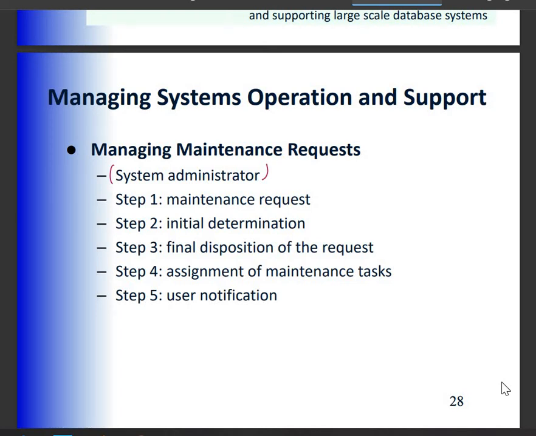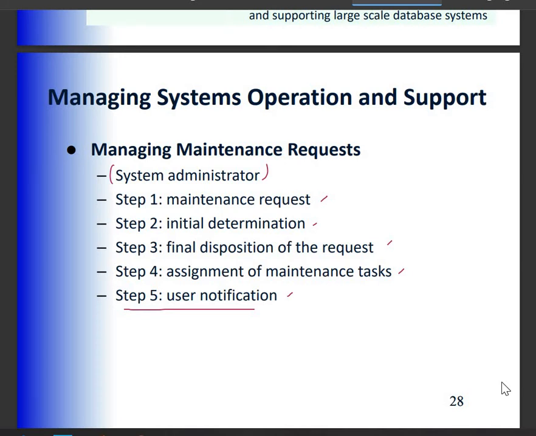Kan, start dengan the maintenance request, kemudian kita ada step yang kedua, initial determination, step yang ketiga, final disposition of the request, step yang keempat, assignment of the maintenance task, dan step yang kelima, user notification.